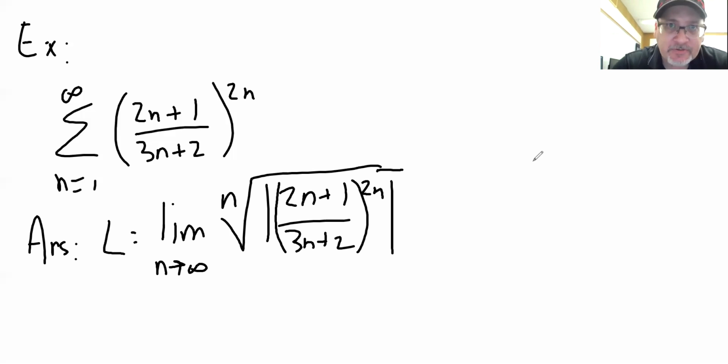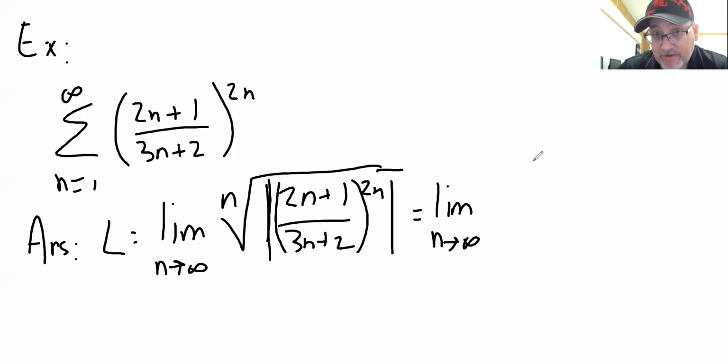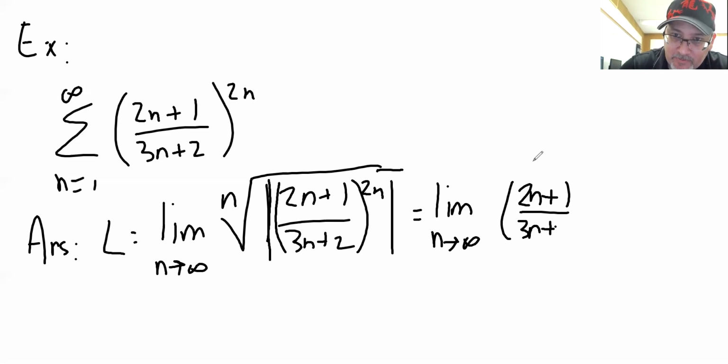The fraction is positive because n is 1 and greater, and so raising it to a power keeps it positive. So the absolute value does absolutely nothing to this. If there were an alternator, it would get rid of it. So we can lose the absolute value. Or rather, what we're doing is actually executing the absolute value, doing what it says. But because the expression is already positive, absolute value leaves it alone.